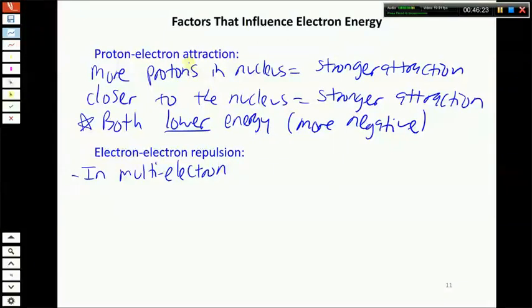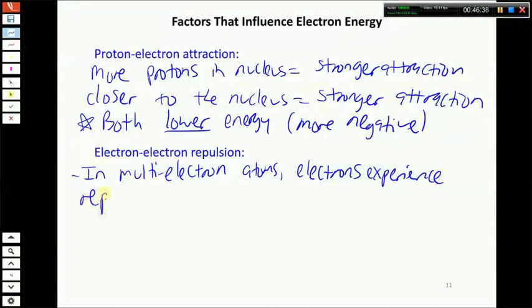However, if you have more than one electron, you also have electron-electron repulsions, which raise the energy. So they repel each other, they have repulsive interactions with other electrons that are present in the atom.